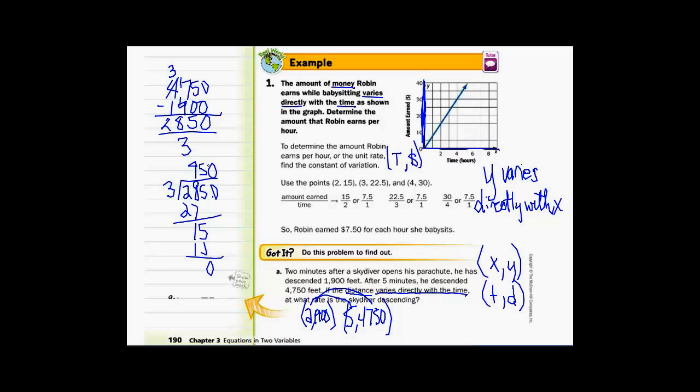So it's 950 feet per minute. Now, he's also talking about descending, right? So if he's talking about descending, this minus this over this minus this. So he's falling 950 feet per minute. So it's a negative 950 feet per minute.